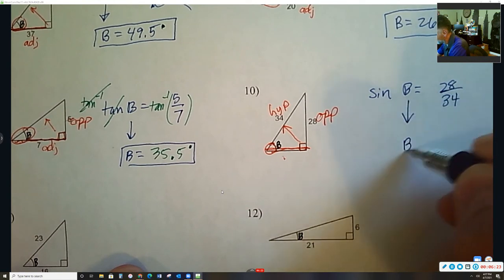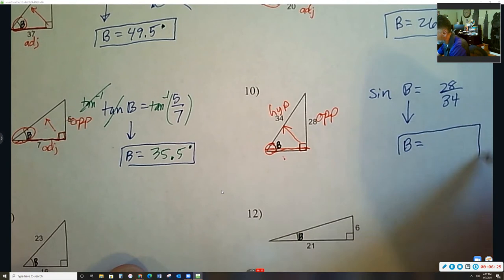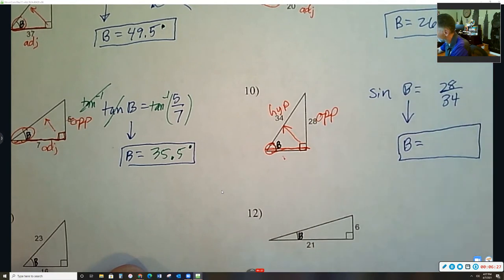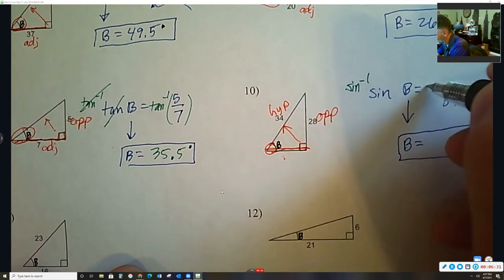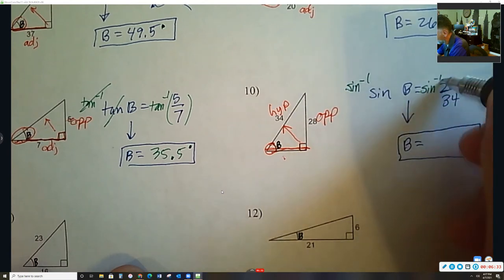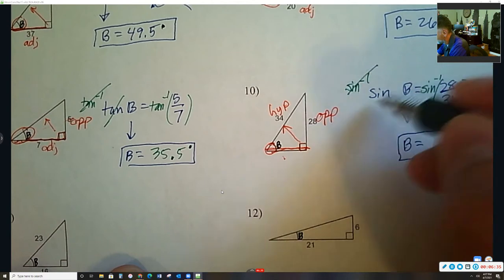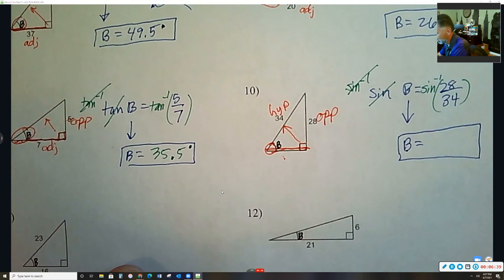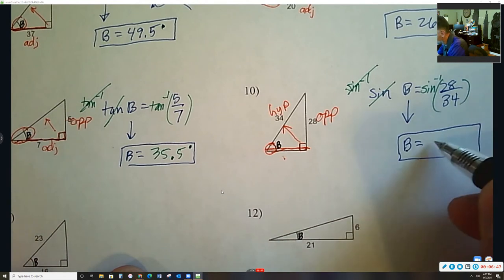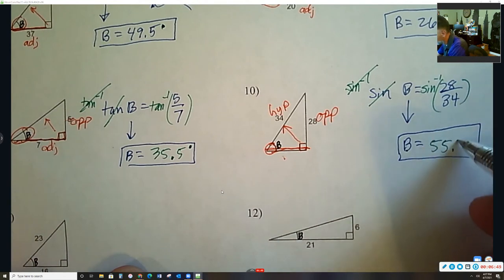But again, we want B by itself. The only way we're going to get B by itself is if we take sine inverse of both sides. Sine inverse and sine cancel. We're left with B. Type that in the calculator. Sine inverse of 28 divided by 34. Push enter, and we get 55.4.